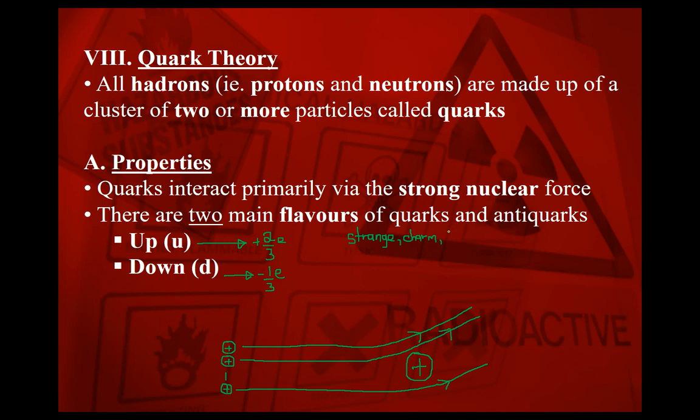We have the top quark, or I think they call it the truth quark. And then we also have the bottom quark, or I think it's the beauty quark. Anyways, we don't really care about these four. We're just going to focus on the two stable ones, which is an up quark and a down quark.